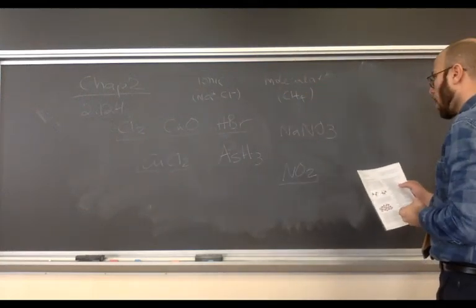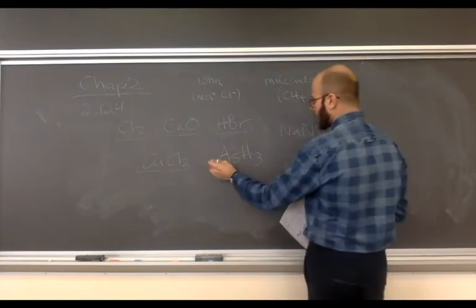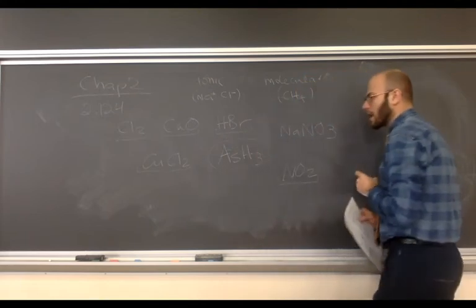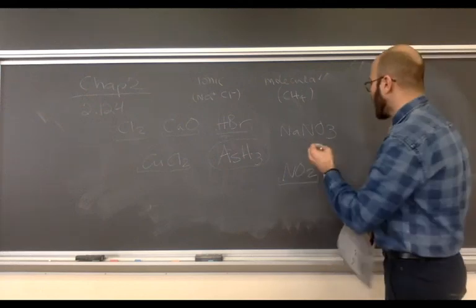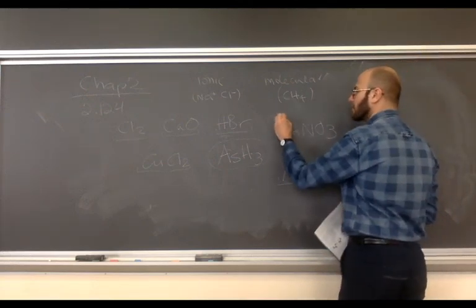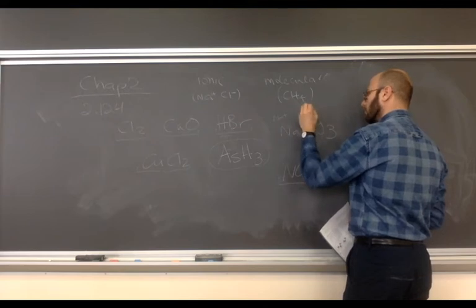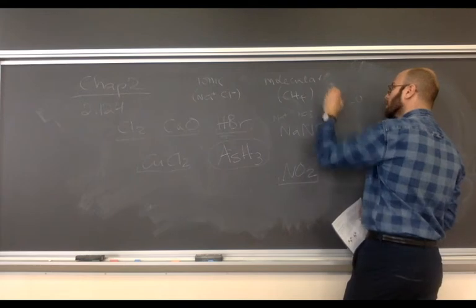And so in terms of only having molecular electron sharing, I would say that we have our arsenic compound, kind of similar to the CH4, right? And then here we actually have not only ionics, but the NO3 is molecular as well.